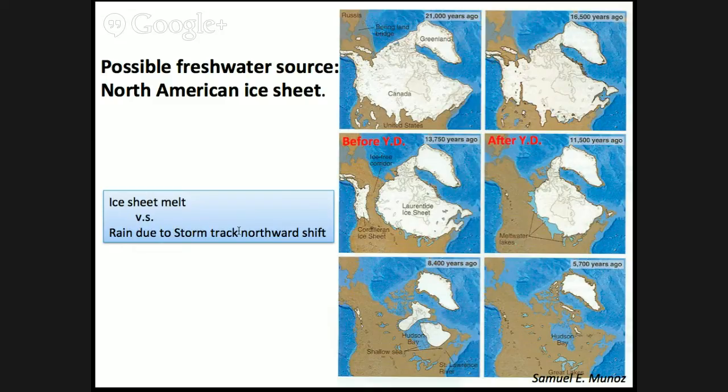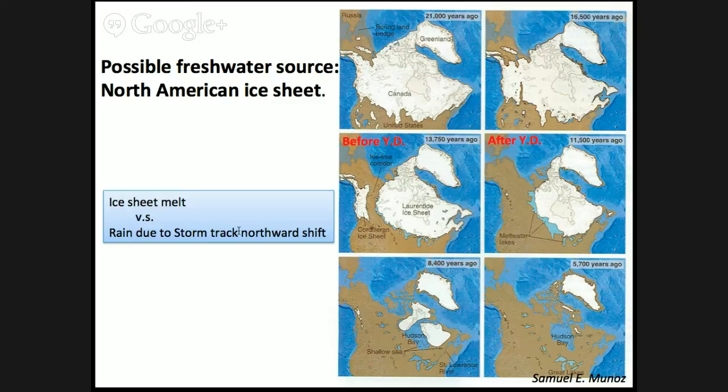Here is showing the past topography in North America. You see that in the past 1,000 years, there was a very wide North American ice sheet, and this ice sheet is connected to Greenland.